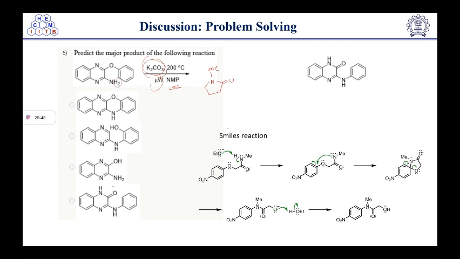After the proton abstraction, a negative charge will generate, and then this negative charge will attack on this side, sorry, this way. Ring formation will take place like this. After this, the negative charge will push back, so I will form that intermediate first.